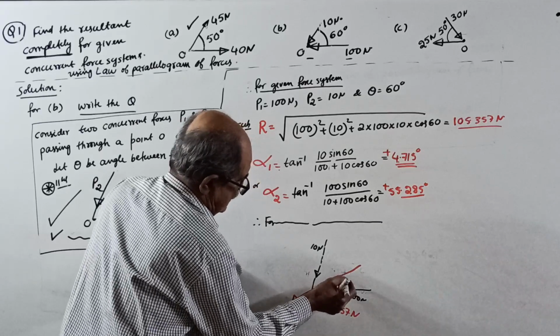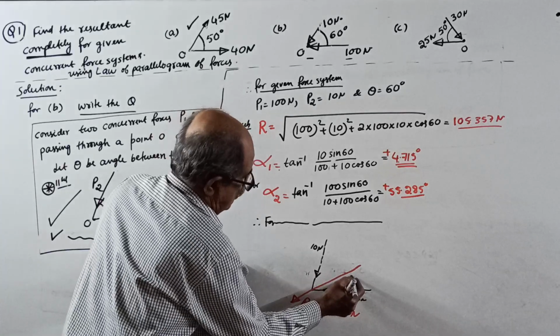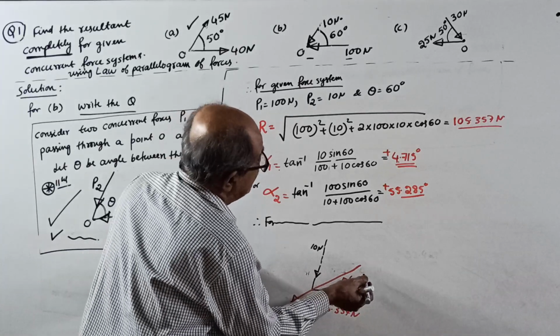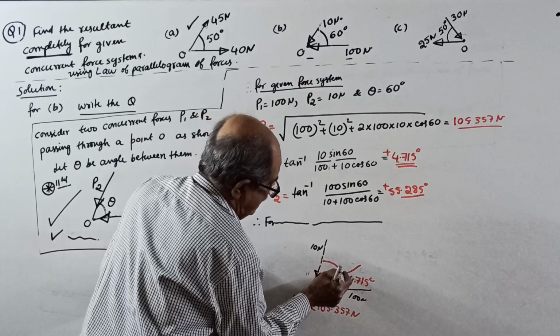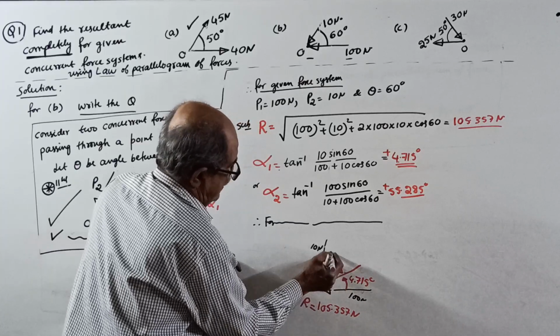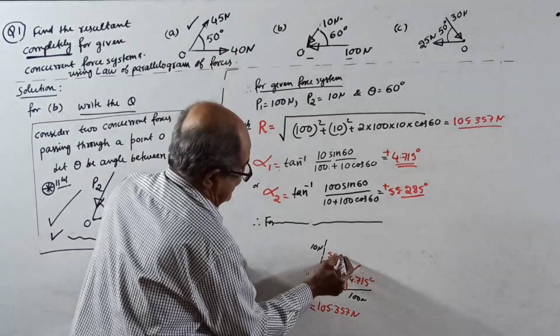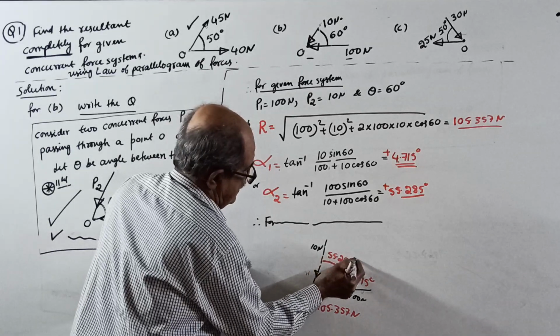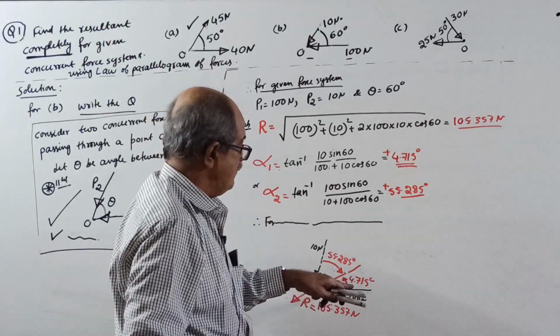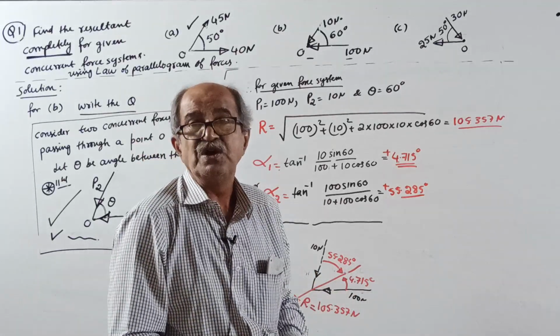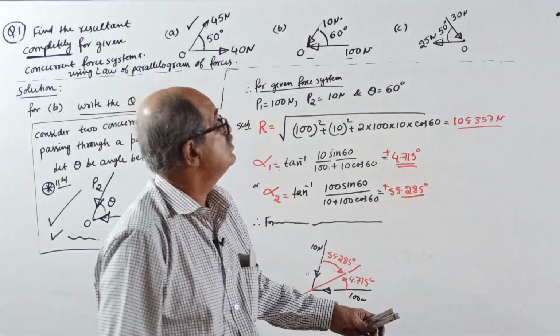See, this angle is actually very small. Because if I draw it very small, you can't mark the direction. 4.715 degrees, out of scale. This is this way, 55.285 degrees. Okay. In the notes, I will get the same answer by resolution also.